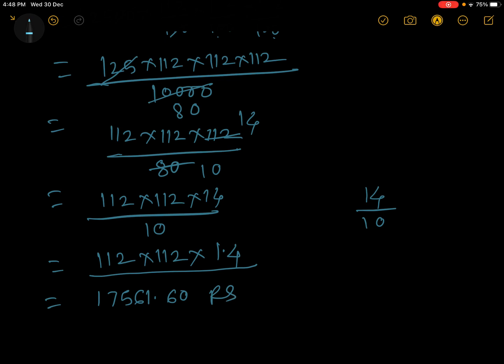That means the amount A is equal to 17561.60. That means Samir Rao paid 17,561.60 rupees.